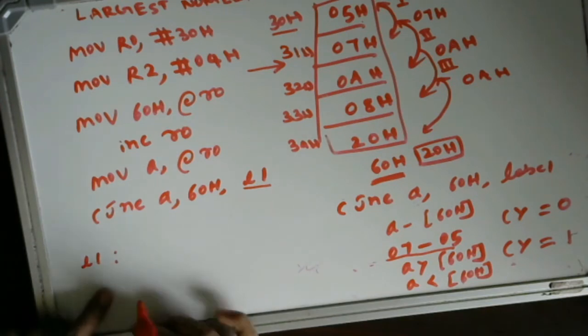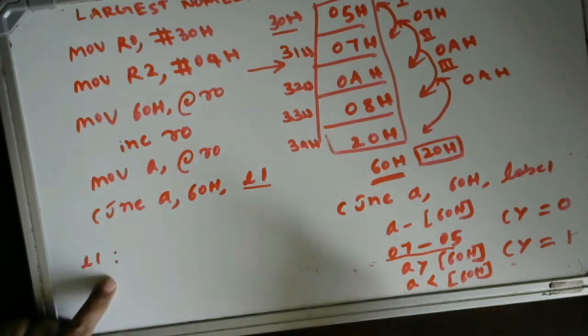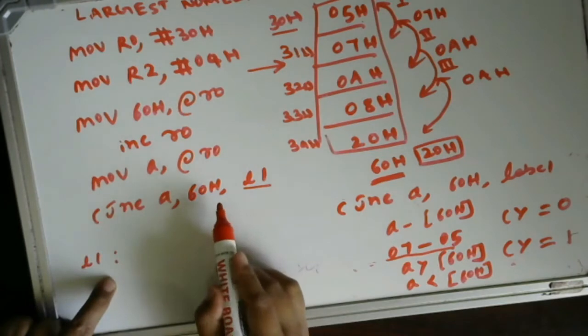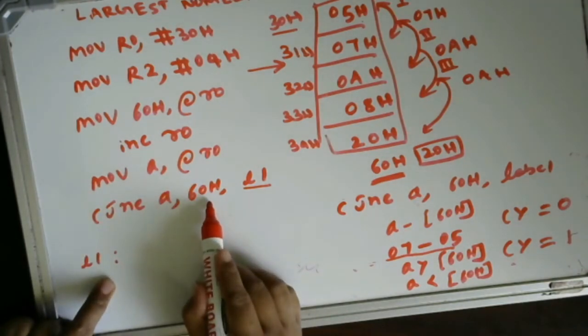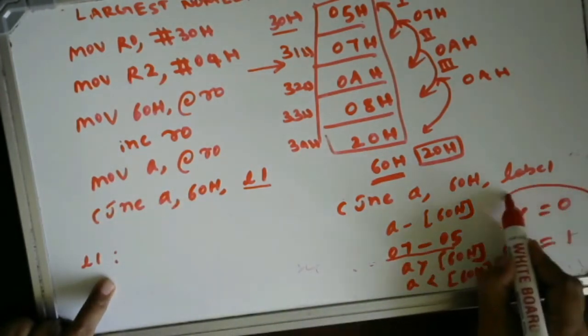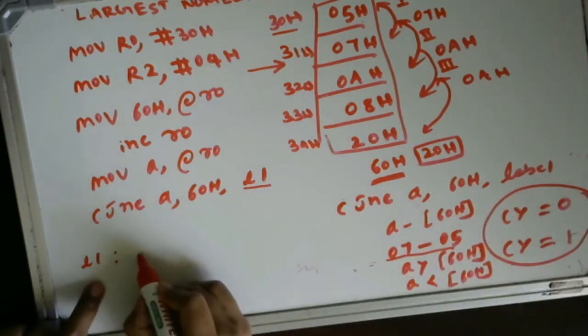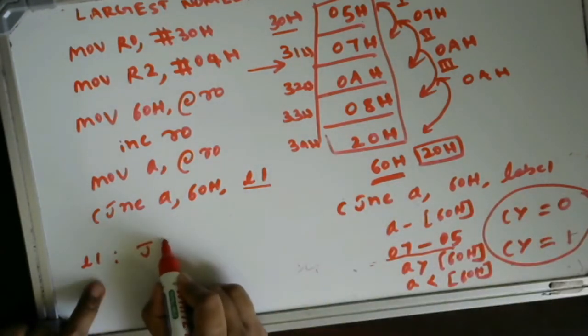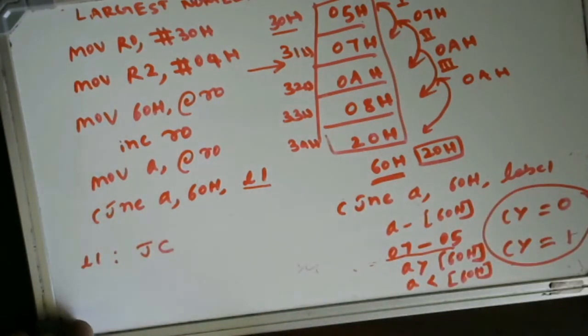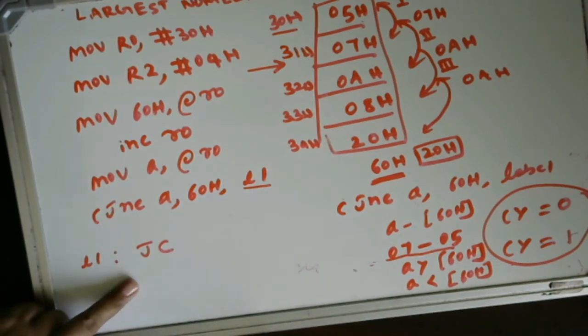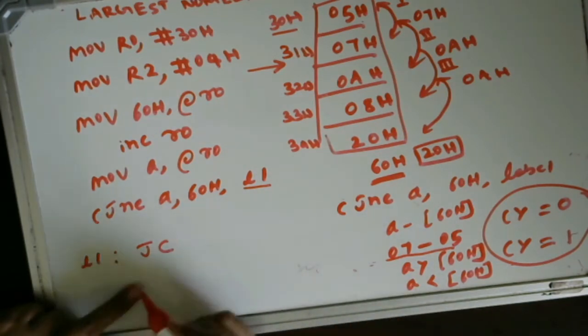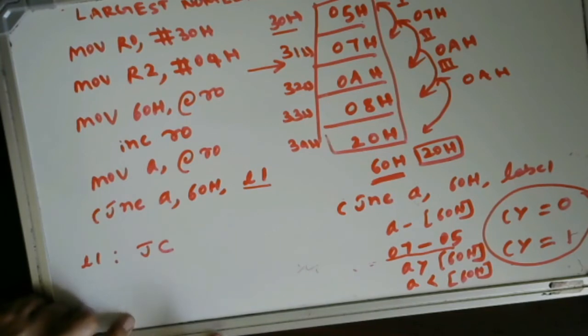Now we need to check whether A is greater or the data present in 60H is greater. That can be done by checking the carry flag. So depending upon the carry flag, we need to modify our data.